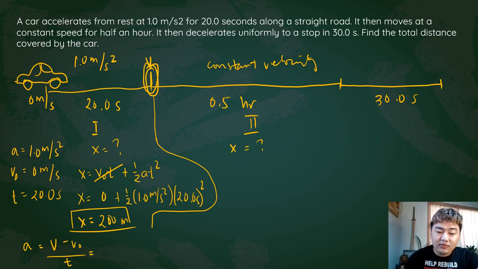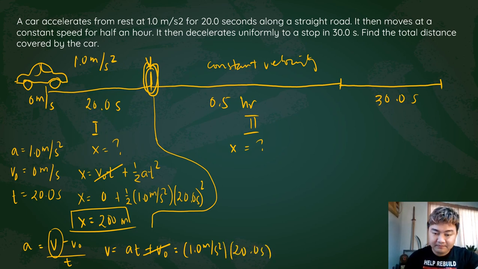Deriving an equation for final velocity, we get v equals a t plus v0. Since the initial velocity is 0, the velocity is equal to a t, which is 1 meter per second squared times 20 seconds.